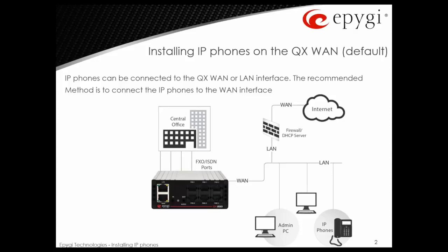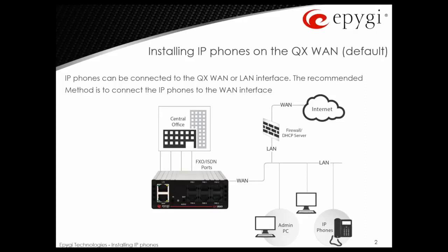It would get an IP from that DHCP server. On that same network, you've got the PCs, and you can also connect the IP phones, and they will configure through that WAN port. You have to tell the system where those phones are located, whether they're on the LAN or the WAN. This time they're connected physically on the WAN side.